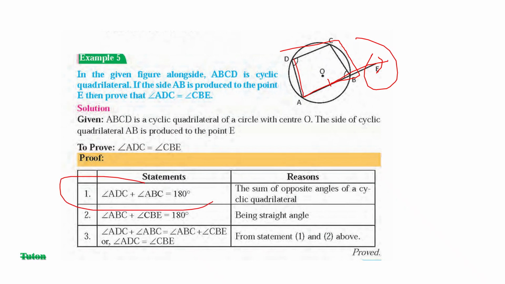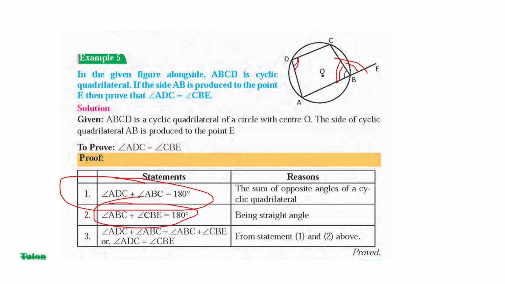Moving on to statement 1, which is based on theorem 3, which I had discussed in my previous slides: angle ADC plus angle ABC is equal to 180 degrees. And remembering the formula for a straight line, the sum of the angles is 180 degrees: angle ABC plus angle CBE is equal to 180 degrees, which is suggested by statement 2.